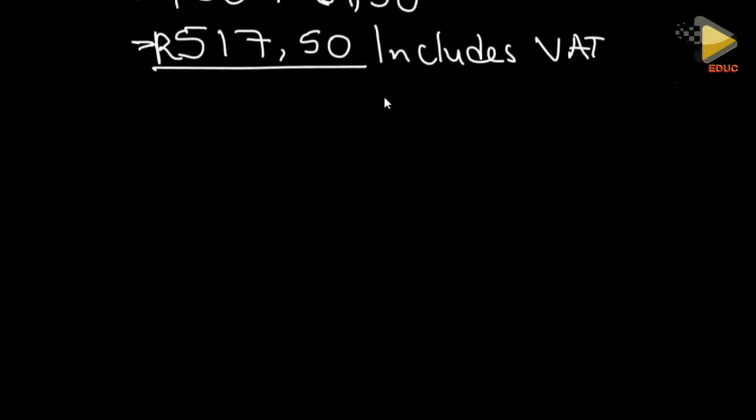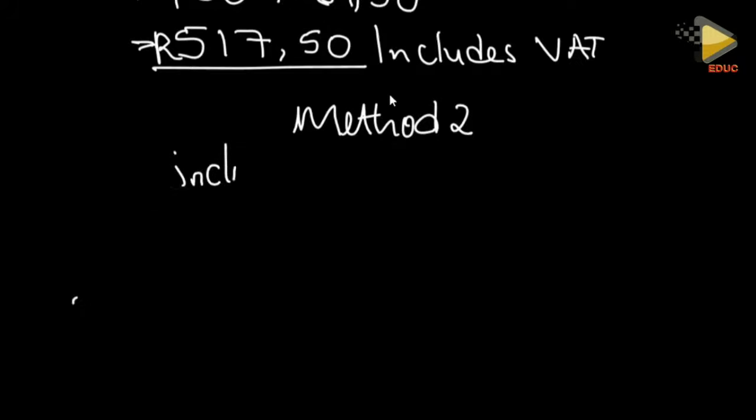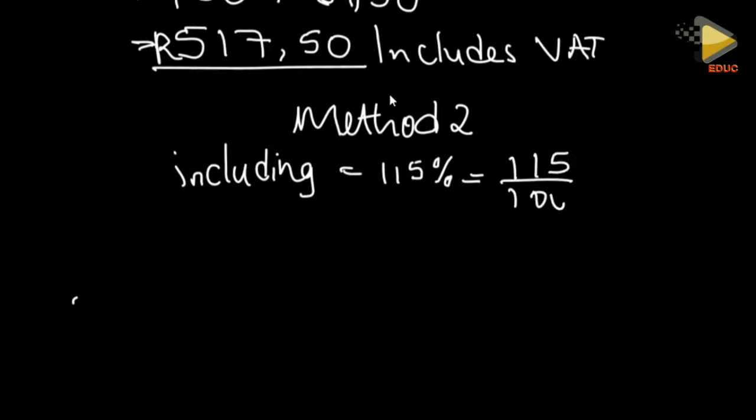So now you could also use that method. This is method 2. Let's use method 2. Because we are including, we are looking at 115% from our table. But 115% is the same as 115 over 100, which is the same as 1,15. Remember how we got the 115?